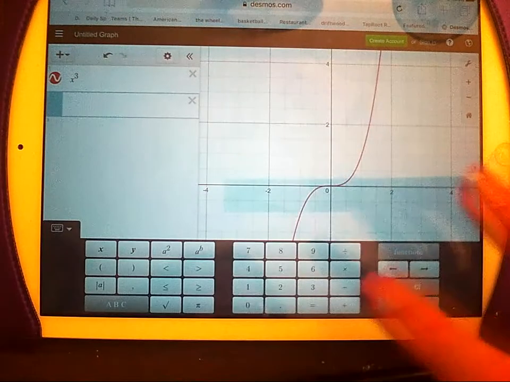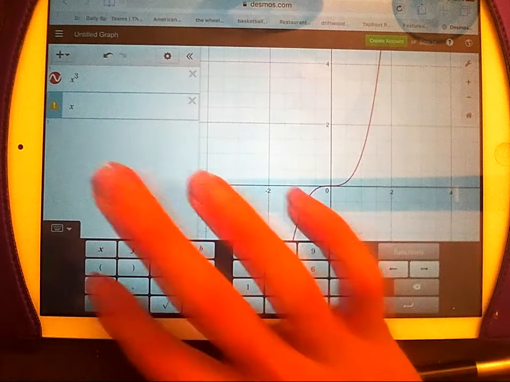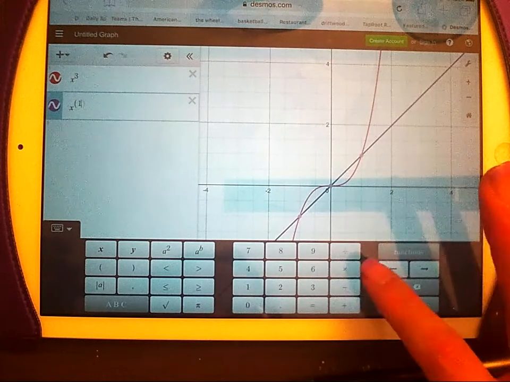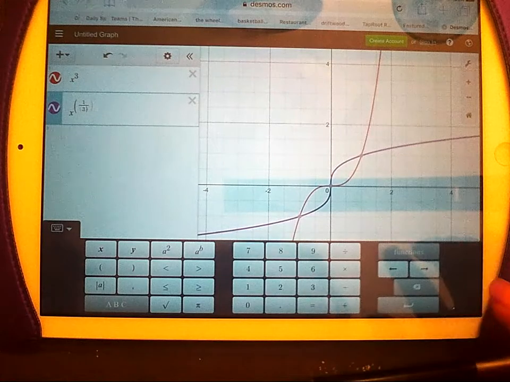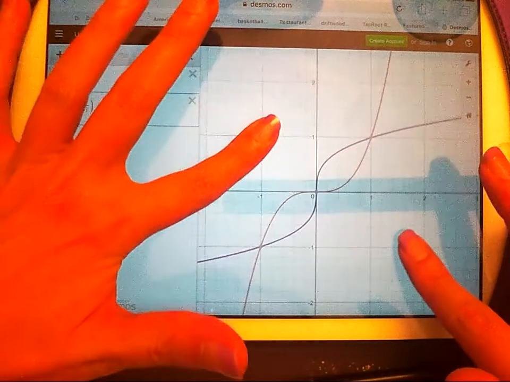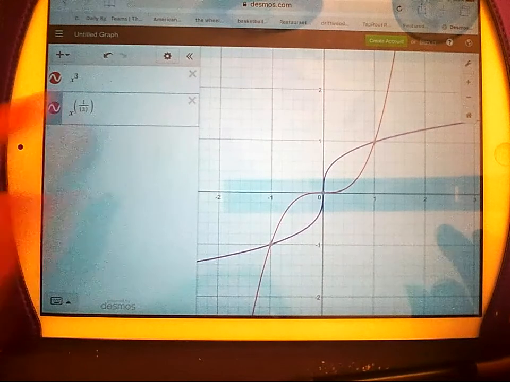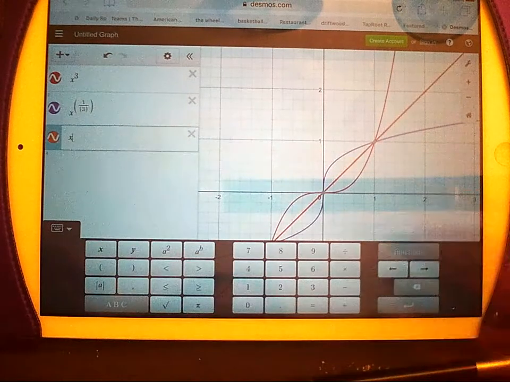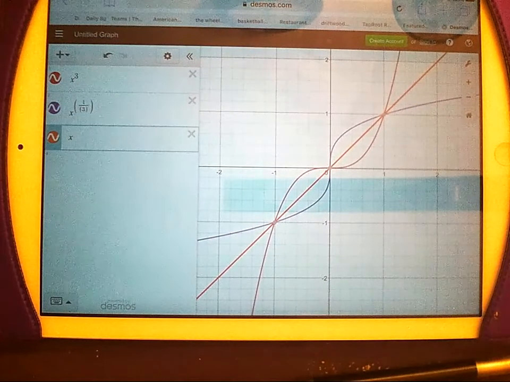And then we said the cube root of x was the inverse. Remember, I can write the cube root of x as x to the 1/3 power. Notice this, and perhaps it's even more clear here. When you're looking at these, we have a very clear symmetry. And if I put in the line y equals x, it goes directly through this.